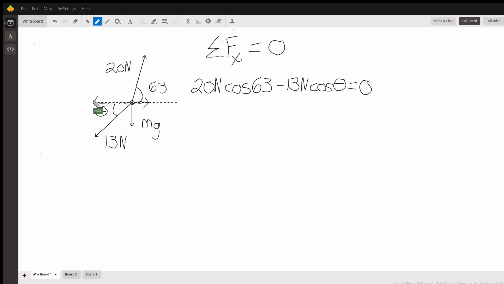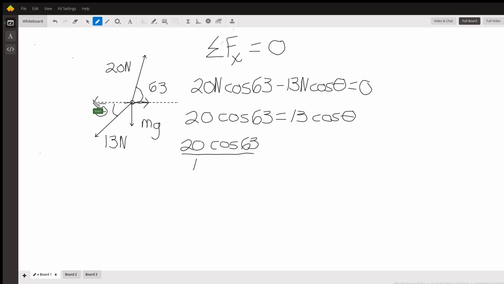So therefore, that gives us 20 times the cosine of 63 is equal to 13 times the cosine of theta. And therefore, 20 times the cosine of 63 over 13 equals the cosine of theta.